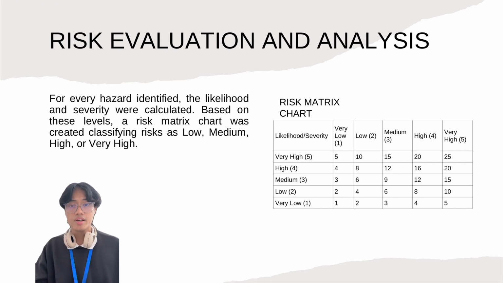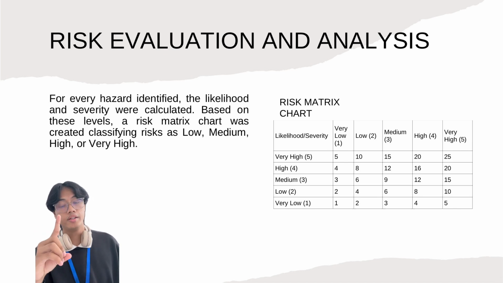So let's say a hazard's likelihood is very minimal and the severity is very high, it will give a low score because its likelihood is low. If the likelihood is high, let's say the hazard is potentially dangerous and always happening, it will give a high score. The highest score for this risk matrix chart is 25 and the lowest one is 1.